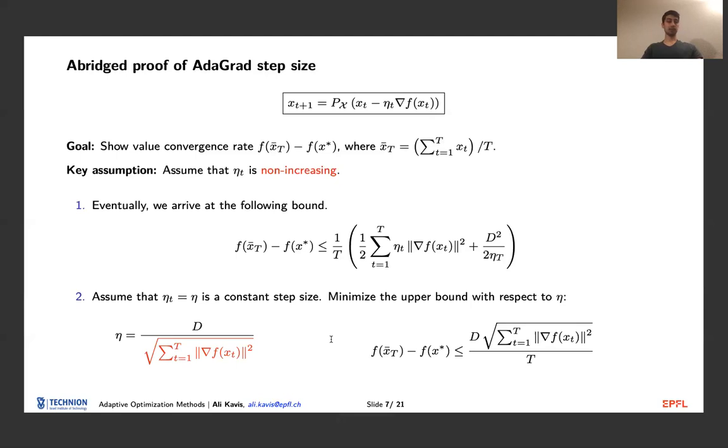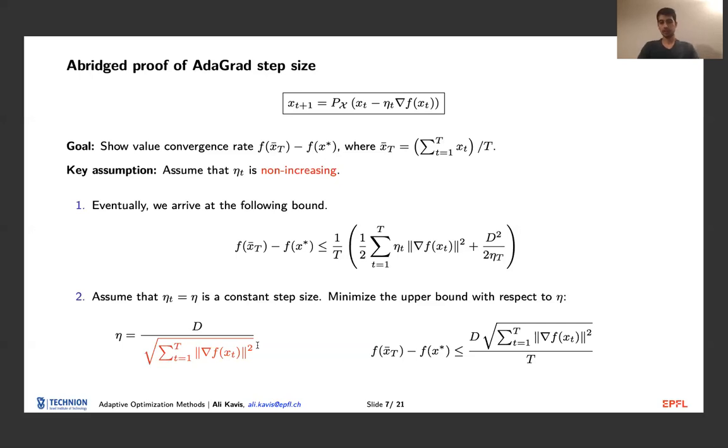The problem here is that our step size is not very realistic, because we're assuming that even in the first iteration we know all the gradients that we're going to see. This is of course not achievable. So we need to talk about the second best thing that we can do.